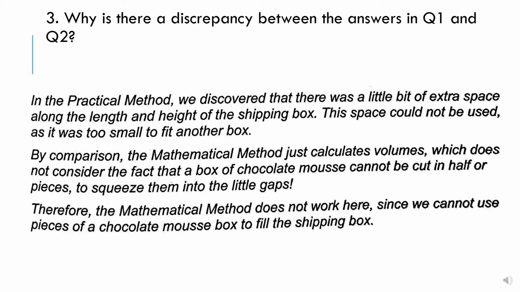Compared to that, the mathematical method just uses the volume, so it doesn't take into account the shape of the product that we put inside the packaging. It doesn't take into account that we cannot cut in half or squeeze little pieces of the mousse box into the gaps, and therefore we got a much greater answer with the mathematical method.